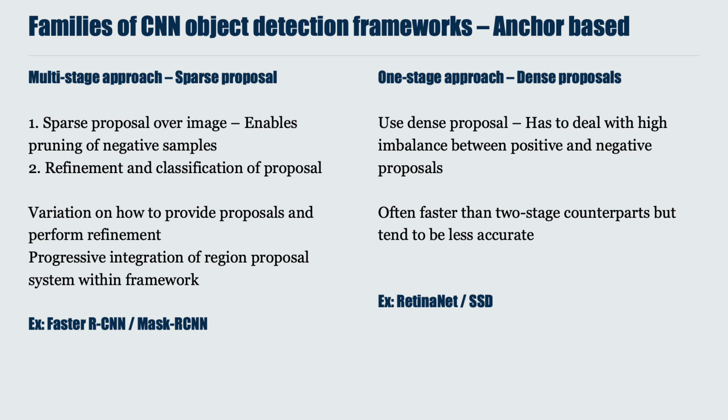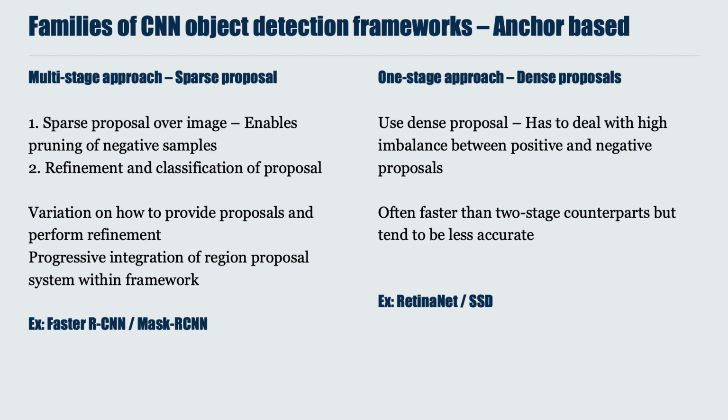And we saw a lot of different variations on how to provide the proposals, how to perform the refinement, and how we progressively integrated the different region proposal systems within the full framework, so that it became an overall training system. I'm just here contrasting with the original RCNN that was simply using selective search in order to create the proposals.